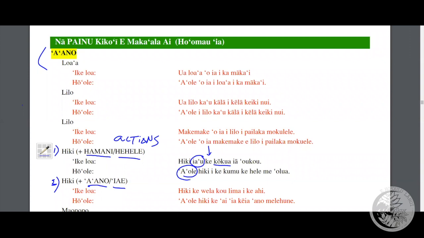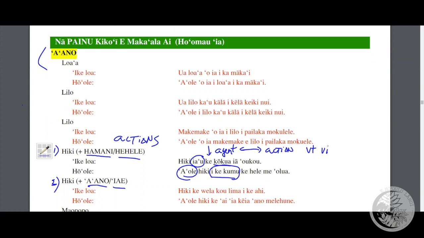And so like in the second one, a'ole hiki, the negative, and you notice ke kumu is the agent. I should write the word agent here. It's a good way to kind of remember that agency is connection to action. Yeah, that somebody is responsible for a particular action. And therefore, the painu that we use is either going to be a VT, transitive verb, or VI, intransitive verb, or hamani, or hehele.